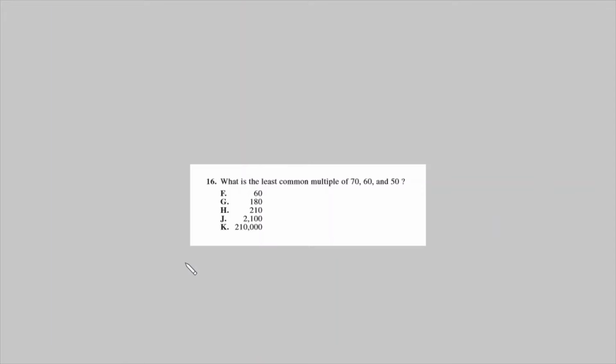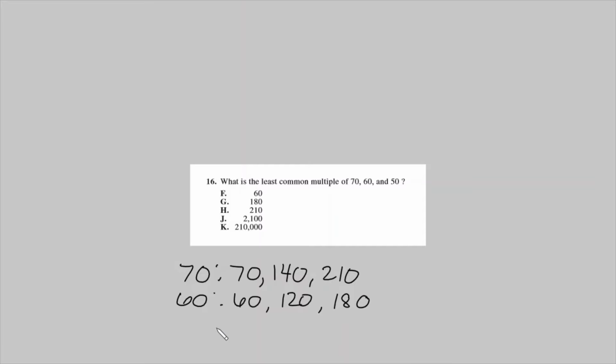So for example, 70 has multiples of 70, 140, 210, and so on. Then 60 is 60, 120, 180, and so on. And then 50 gives us 50, 100, 150, and so on.